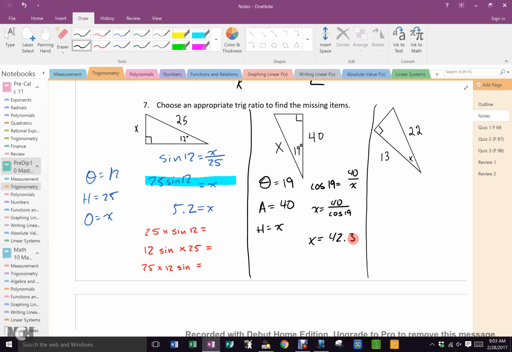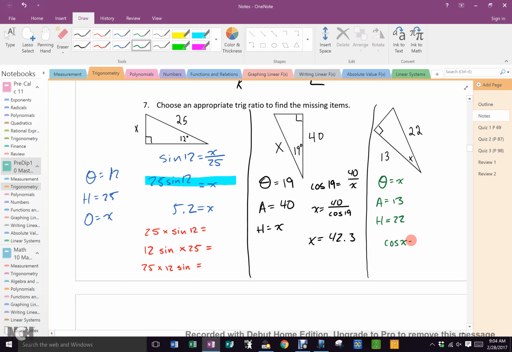Now let's look at the last one, which is exactly the same as the previous four, because that's what trig is. Do we have a theta? No, we don't. X. What do I have? I have an adjacent of 13, and I have a hypotenuse of 22. So what uses A and H?